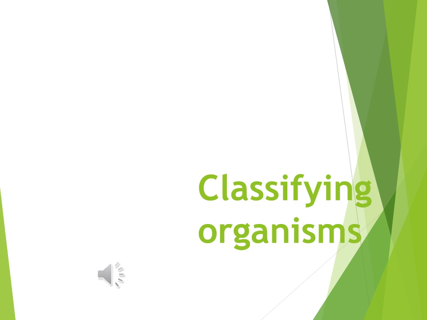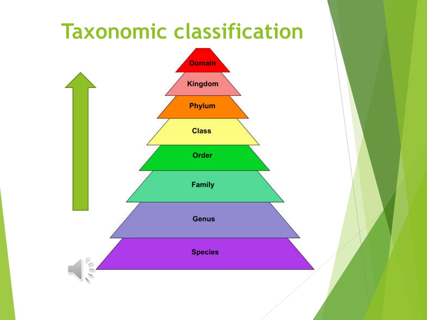Classifying organisms. In the taxonomic classification, from the bottom to the top, we can see how similar species are grouped into one genus. Similar genera are grouped into families.